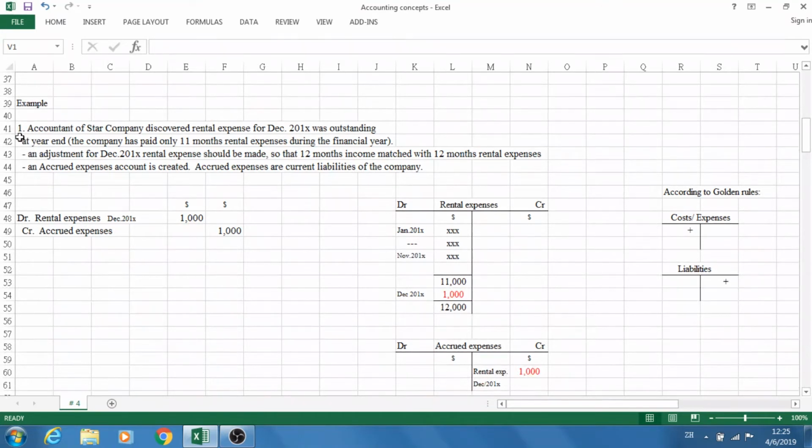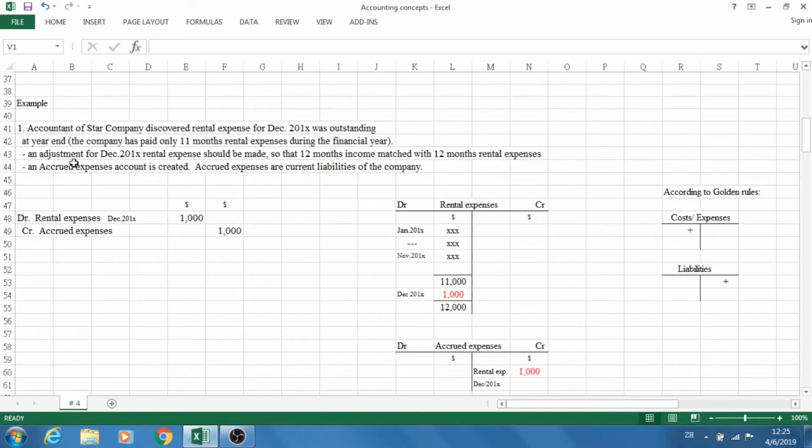Example 1. The accountant of Star Company discovered rental expense for December year 2010 was outstanding at year end. The company has paid only 11 months rental expenses during the financial year.